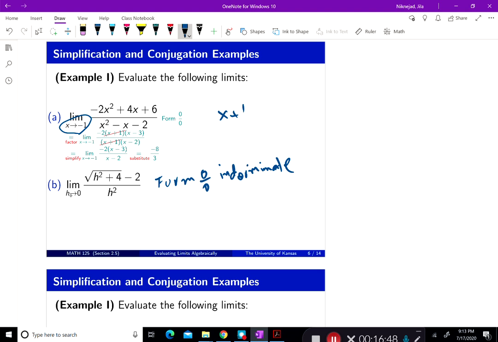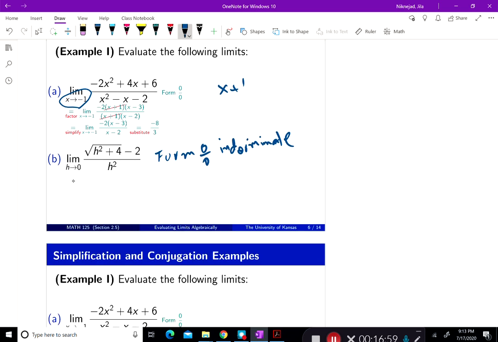And here we're going to look for h minus 0, and so we're looking for a linear factor h. And how do we bring that out? Basically, find another function by using the conjugates this time.